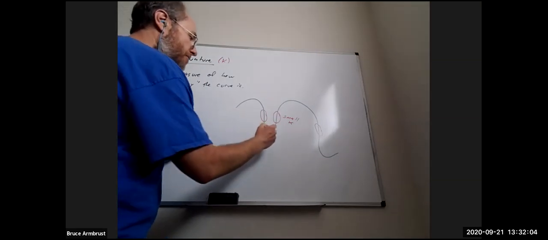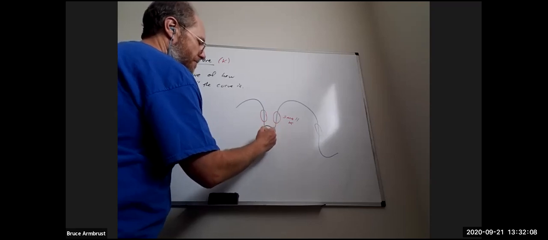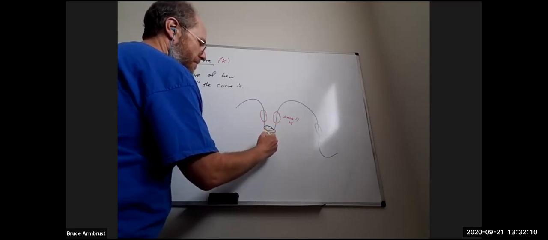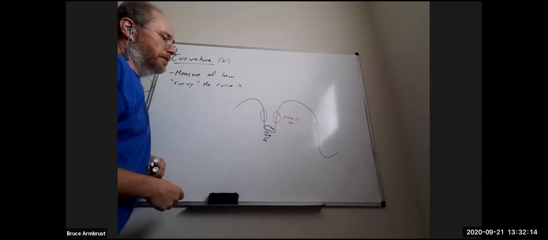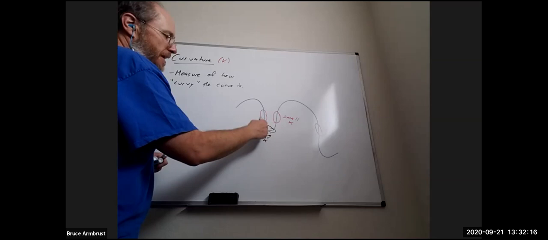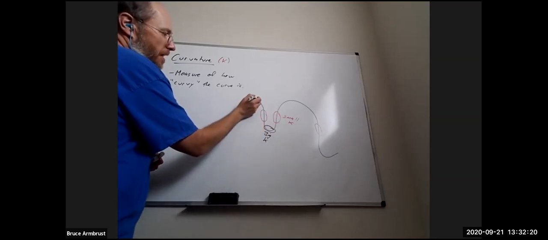Now, a location of large curvature is in here. That's a nice tight turn. All right, so there's going to be big K when we're here. We're going to have small k out here.